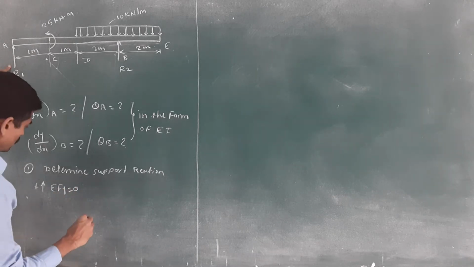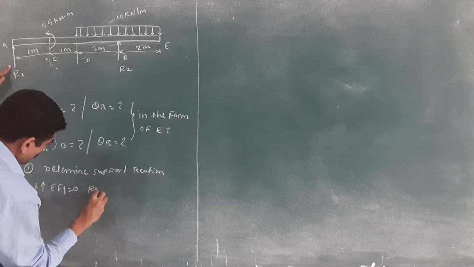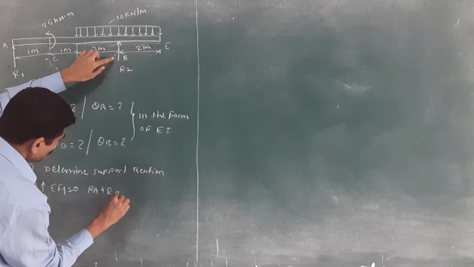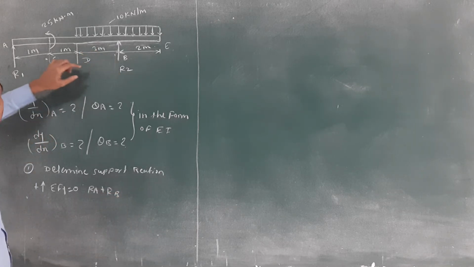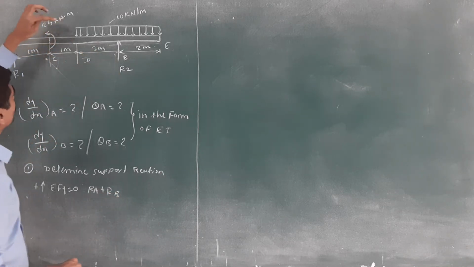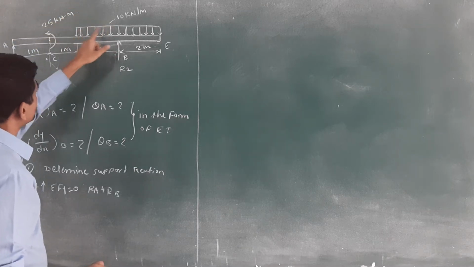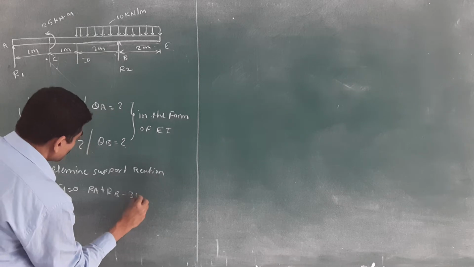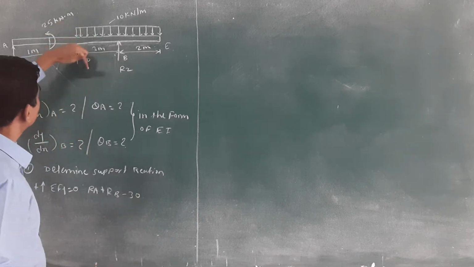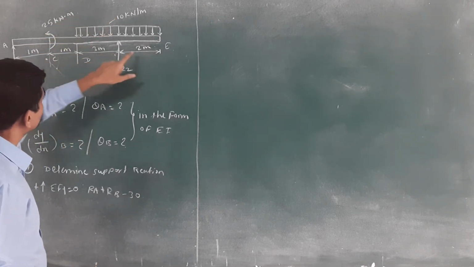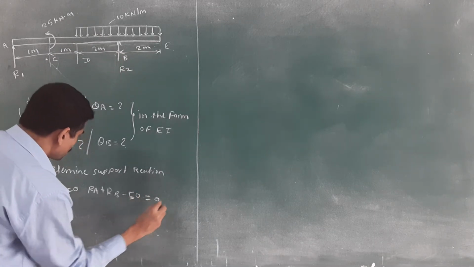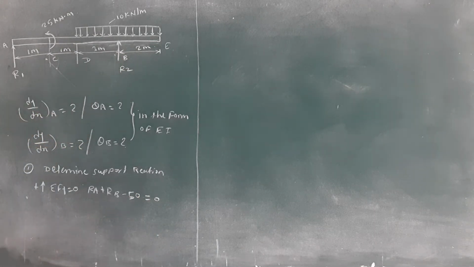Here at point A we have Ra plus Rb, that is R2. Then there is only one force, the UDL: 10 into 3, here it is minus 30, 10 into this 3 plus 2, 5, means 50, is equal to 0. This is equation 1.